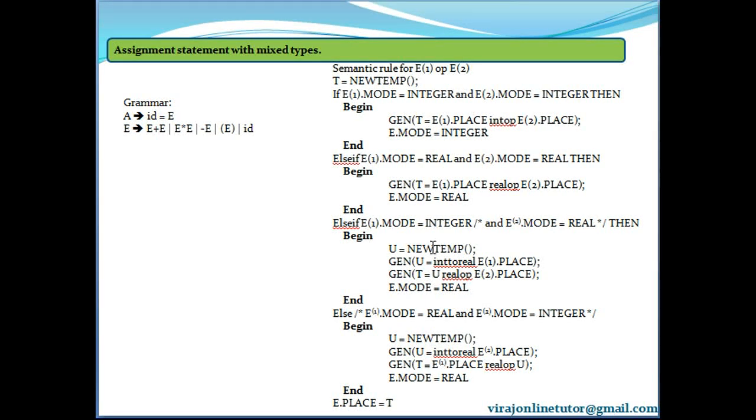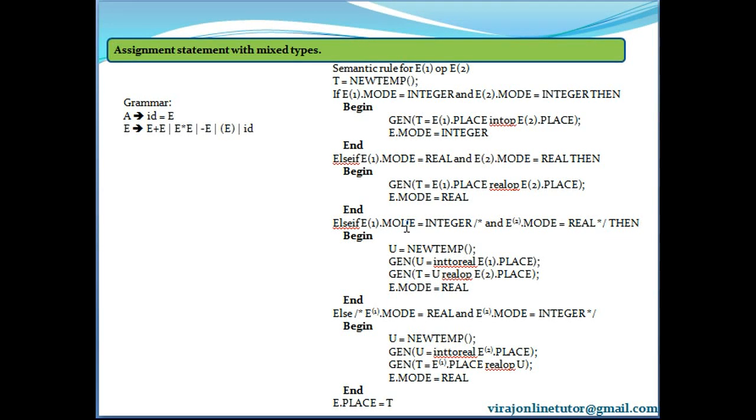Clear? If E1's mode is integer and E2's mode also was integer, then this would have been satisfied. The very moment that I reach here with E1's mode integer, that means E2's mode was real. Only then I will reach here.